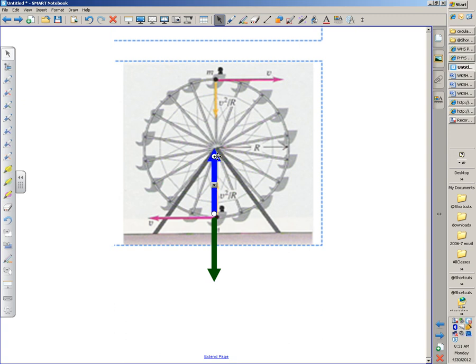So, we talked about F of C, a combination of these two forces, right? The normal force being the blue, gravitational force being the green. But once again, which way is gravitational force pointing in this problem? Down, in relation to the circle, outward, out of the circle. So this problem would look something like this.